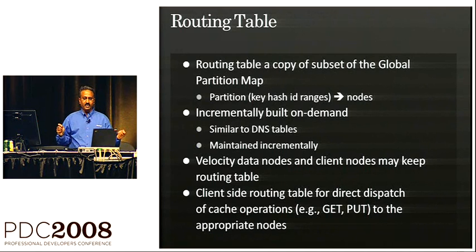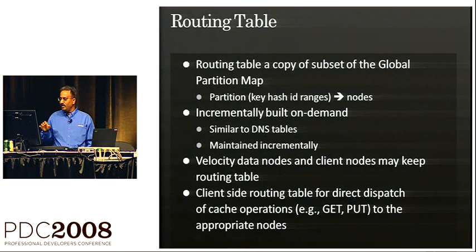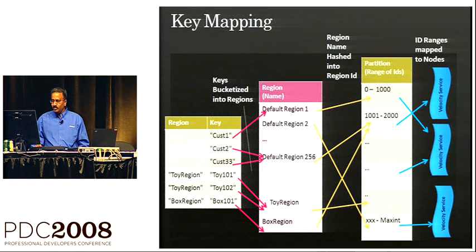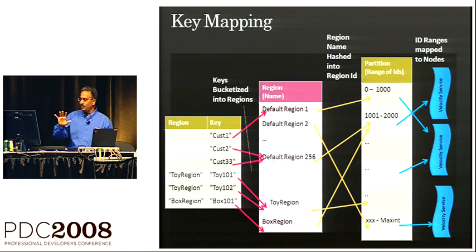It could become obsolete, but then incrementally it gets refreshed. And in addition to keeping it on the client, the servers also keep the routing tables, because in Velocity both clients as well as servers can route requests. So let's look at the key mapping slide that I just talked about.